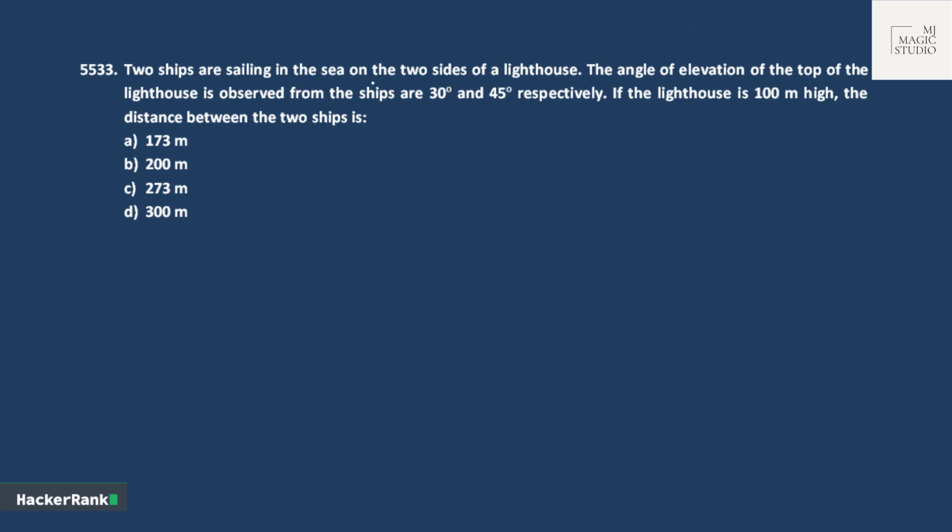Two ships are sailing in the sea on the 2 sides of a lighthouse. The angles of elevation of the top of the lighthouse observed from the ships are 30 degree and 45 degree.